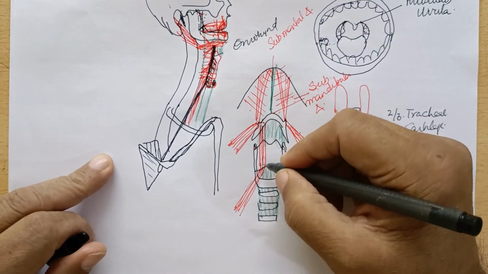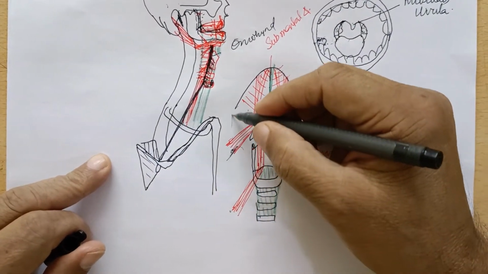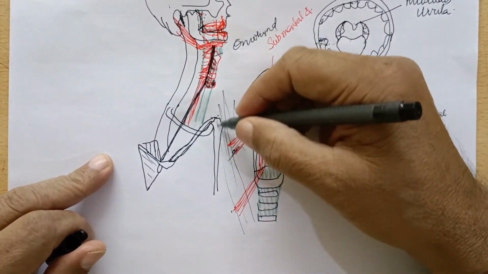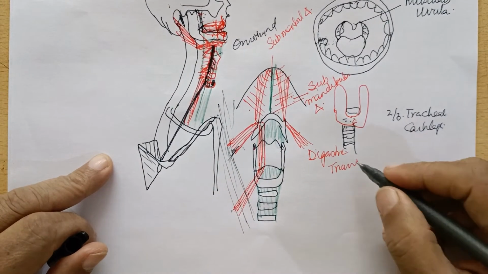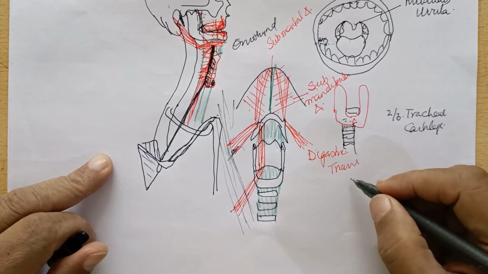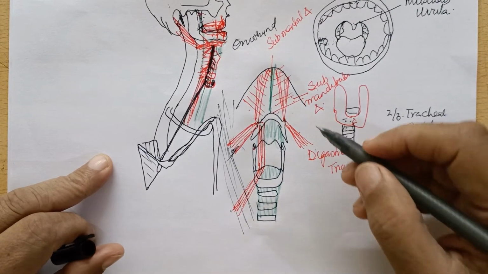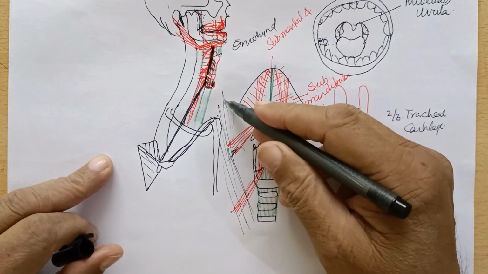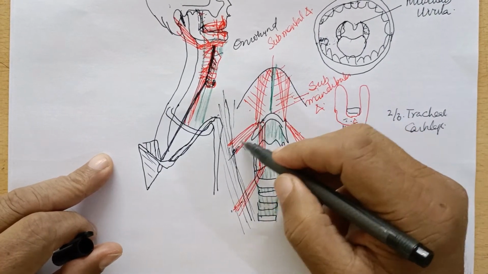So this is the lateralmost muscle, omohyoid, and with the digastric and a muscle which covers here, which is the sternomastoid, this forms another triangle bounded by sternomastoid and two bellies of the omohyoid.